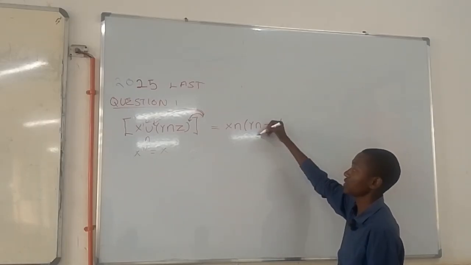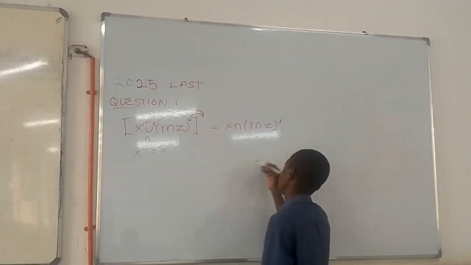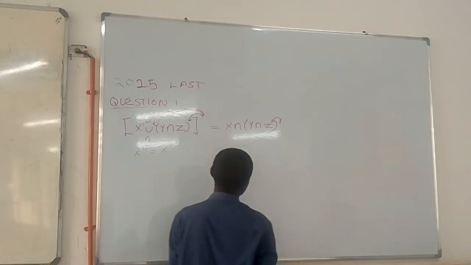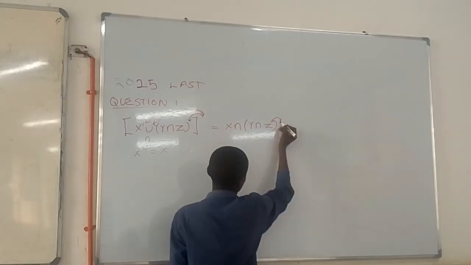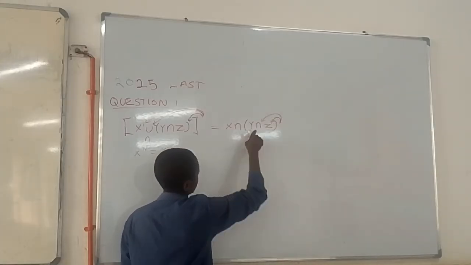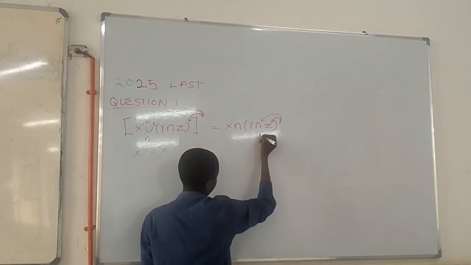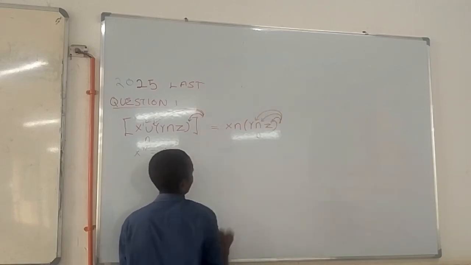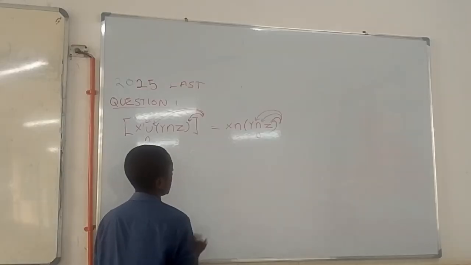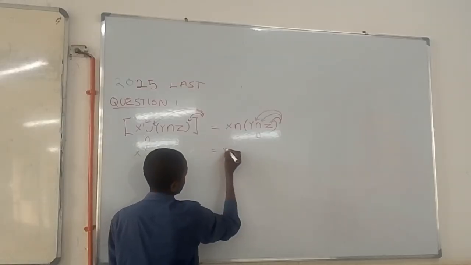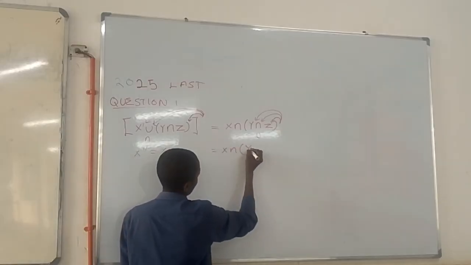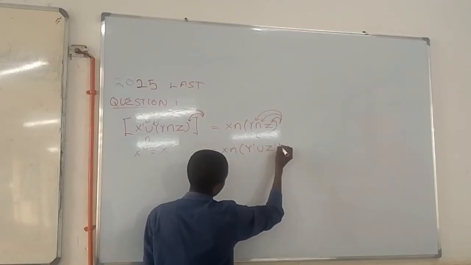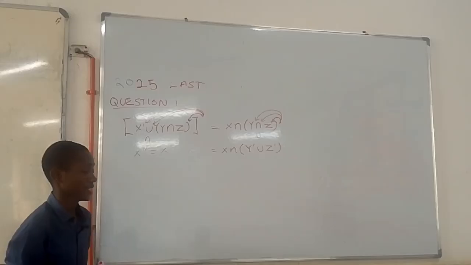We need to distribute it to what is inside. It interacts with z, and z becomes z complement, the intersection becomes a union, and it interacts with y, which becomes y complement. So what we get is x intersection, y complement union z complement. That's what we're going to get, right?